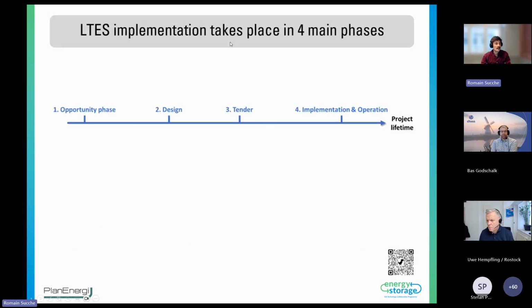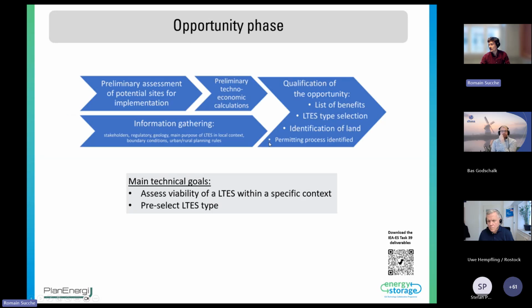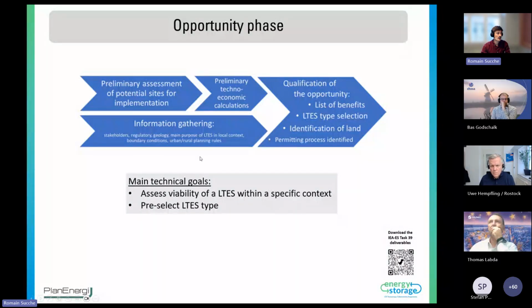LTES implementation usually takes place in four main phases: the opportunity phase, design, tender, and the fourth being the implementation and operation. So the first phase is the opportunity phase.